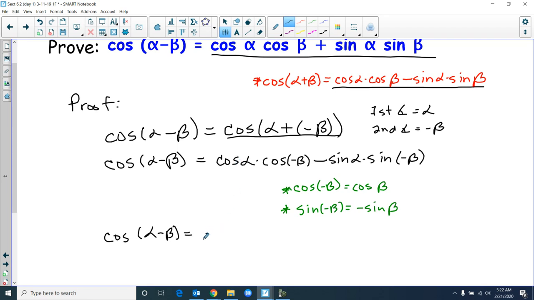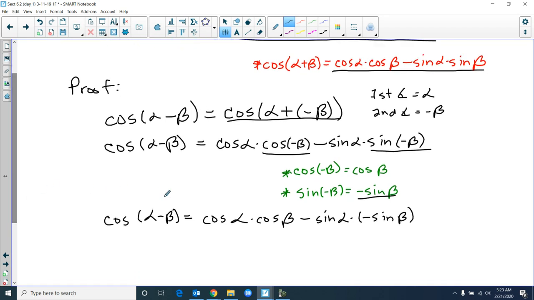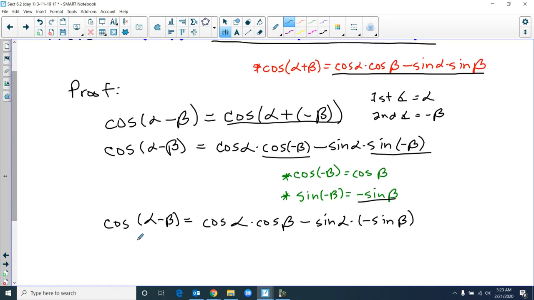Cosine of alpha doesn't change. Cosine of negative beta can be replaced with cosine of beta. Minus sine of alpha doesn't change. Sine of negative beta gets replaced with negative sine beta. All right, I'm almost done.